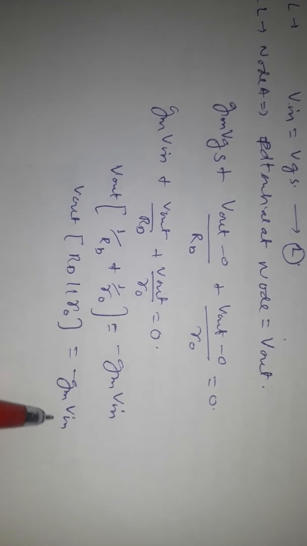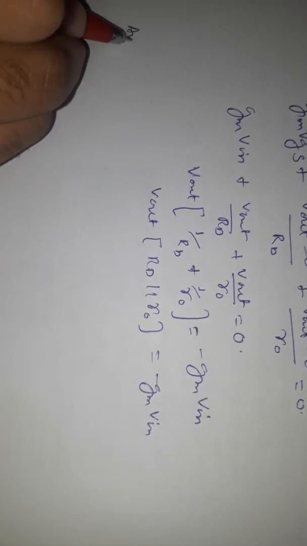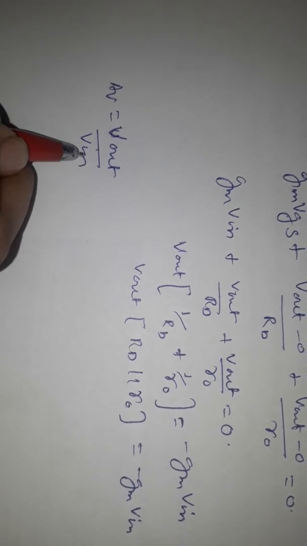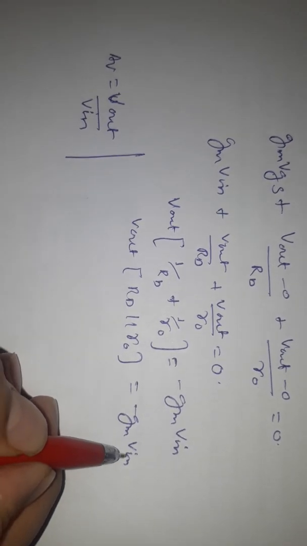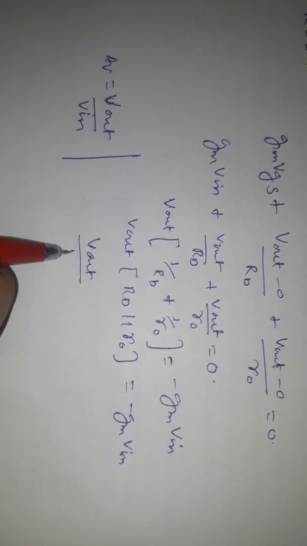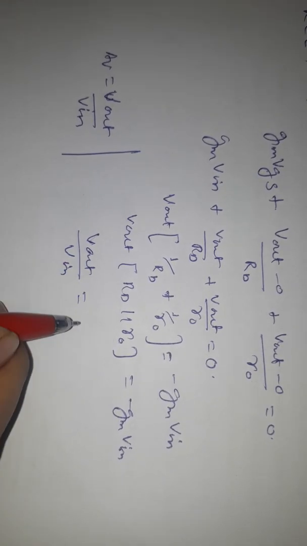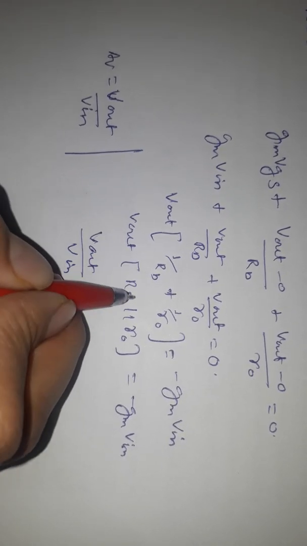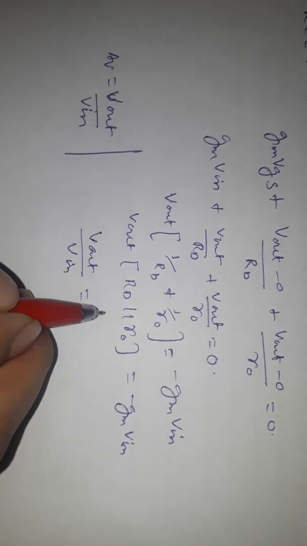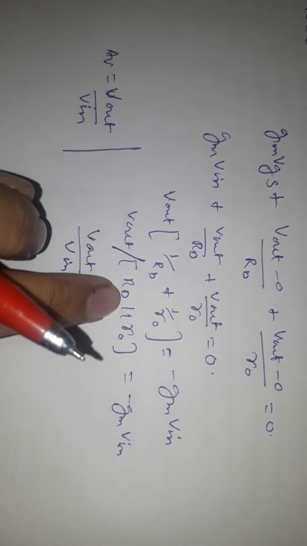Now for the voltage gain, Av is equal to Vout by Vin. So bringing this Vin to this side, as it is the parallel combination, it will come in the division side.